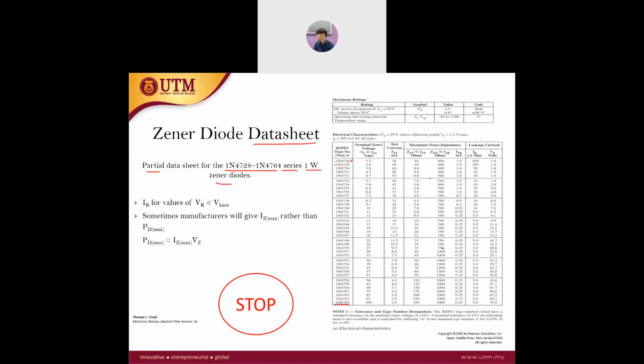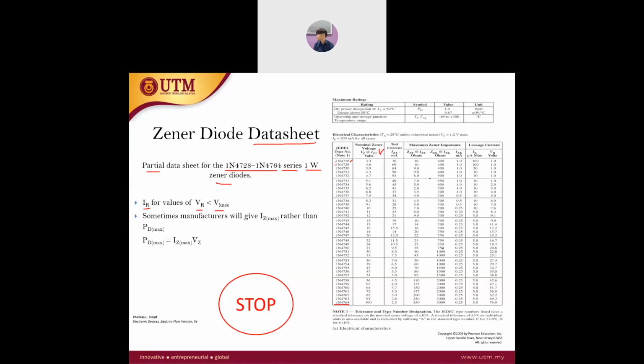IR is the reverse current for VR less than VZ, because it operates in reverse breakdown, in the breakdown region in reverse. So VR must be less than VZ in order for it to start operating in the breakdown region. Here we have the nominal Zener voltage VZ at IZT, the test Zener current.